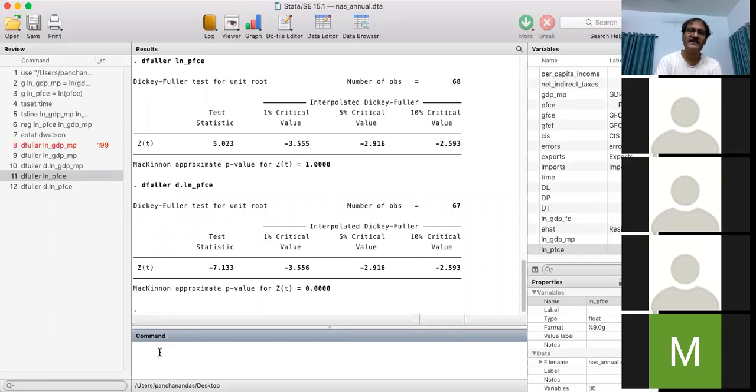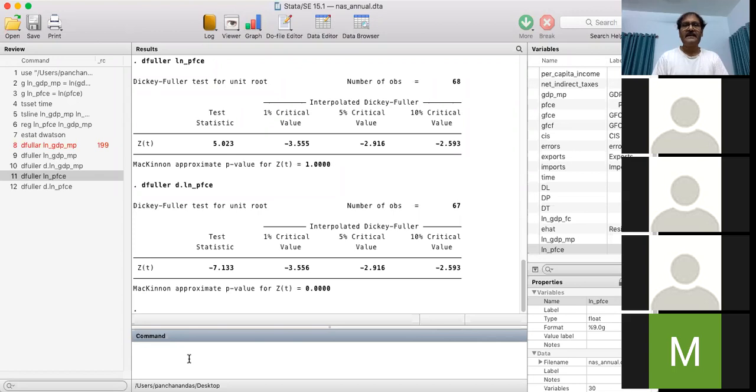If break is present, you have to incorporate the breakpoint in the unit root test, and ultimately you will get the proper result. So suppose we are assuming that both log GDP at market price and log of private final consumption expenditure are I(1).